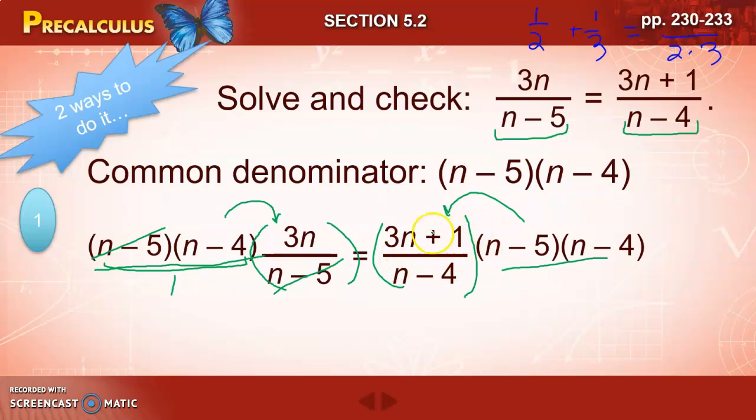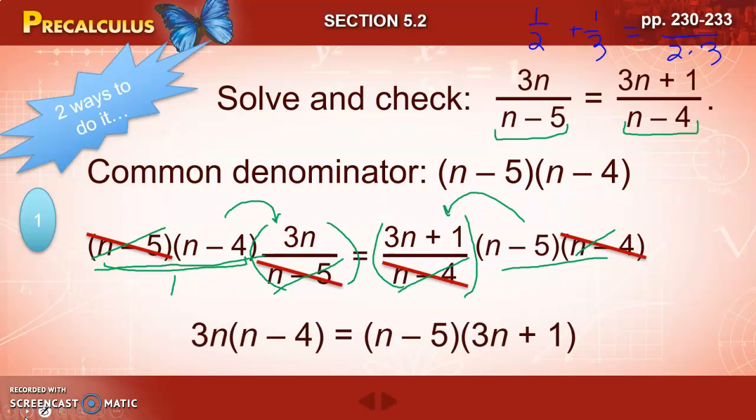And over here, we have 3n plus 1 times n minus 5 and n minus 4. We could multiply all that out. It would make a lot of work for us, or we can recognize these are going to cancel right from the beginning. So we're taking 3n plus 1 times n minus 5. So that's the quicker and easier way to do that, instead of multiplying everything out. We then get 3n times n minus 4 on the left, and 3n plus 1 times n minus 5 on the right.